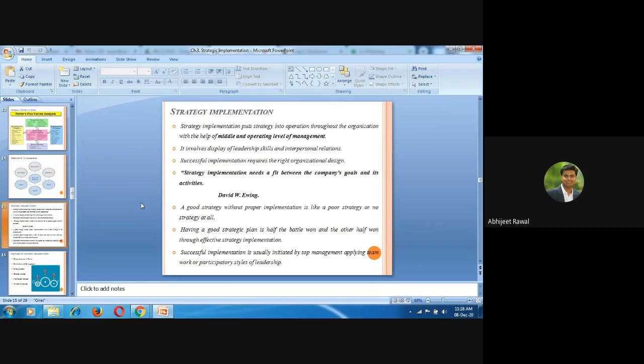That is their responsibility. So whatever strategies are made, the strategy first needs to be understood by the lower level employees, because these are the people who will actually implement the strategy into the process.